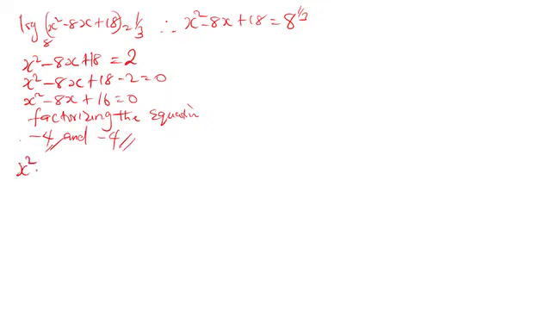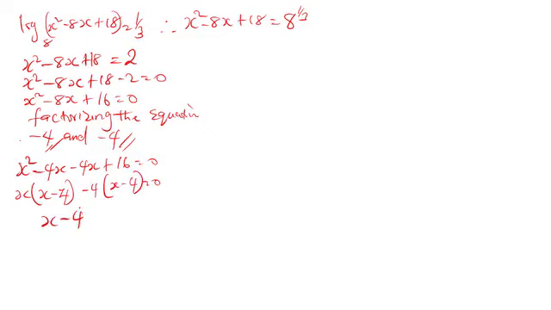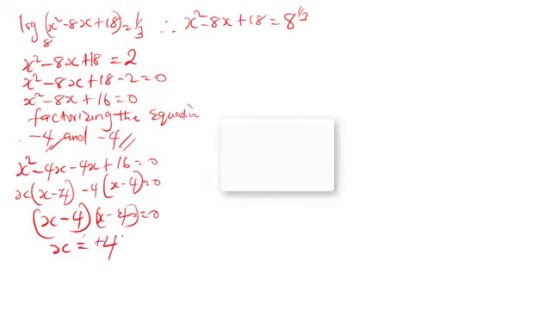So your answer becomes x squared minus 4x minus 4x plus 16 equals 0. So this is now x, what's common? x minus 4 here, x minus 4 equals 0. So our value is now x minus 4 and x minus 4 equals 0. So our value of x is equal to 4, that's 4 twice. So this is the value of x.